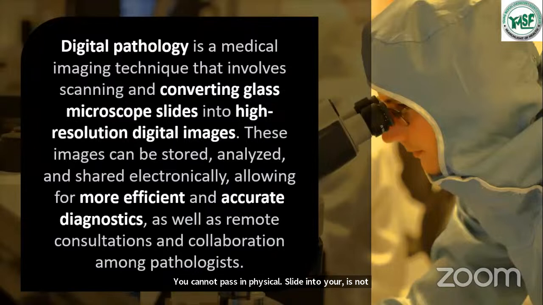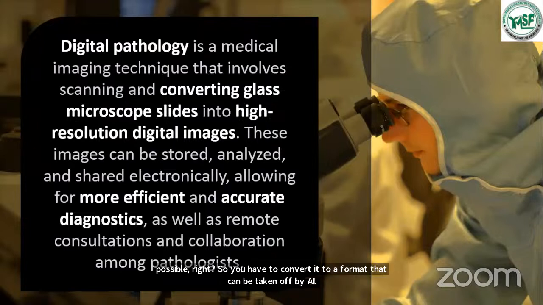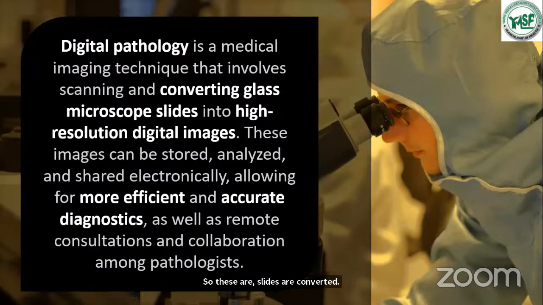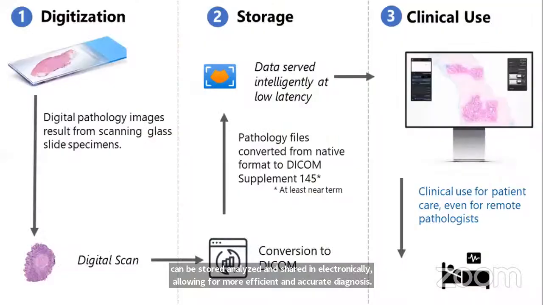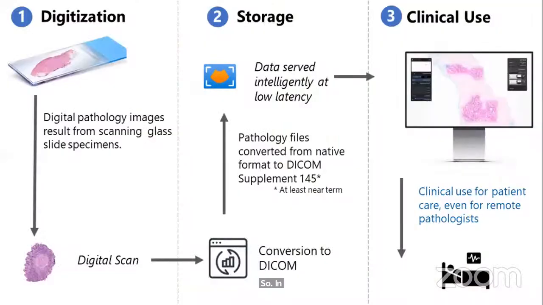So these slides are converted. They are actually scanned, right? So they're scanned by a particular scanner, and then the high resolution image generated is stored in whatever database is being used. So these images can be stored, analyzed, and shared electronically, allowing for more efficient and accurate diagnostics. So in digital pathology, now you can see this flow.